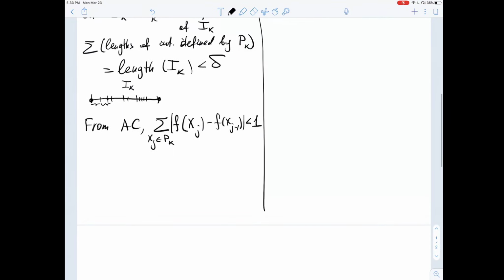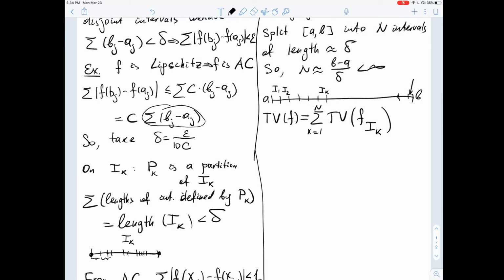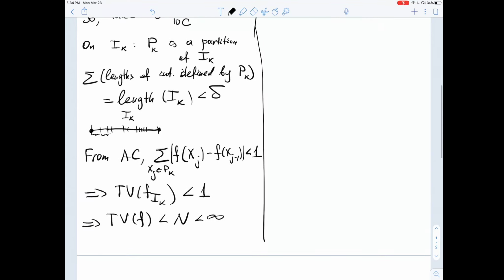So this is less than 1, and this is true for any partition, so the total variation of f restricted to Ik is less than 1, and this implies that the total variation of f everywhere is less than n, which is less than infinity. So n, I remind, is approximately b minus a divided by delta. And this is it. So f is definitely of bounded variation.